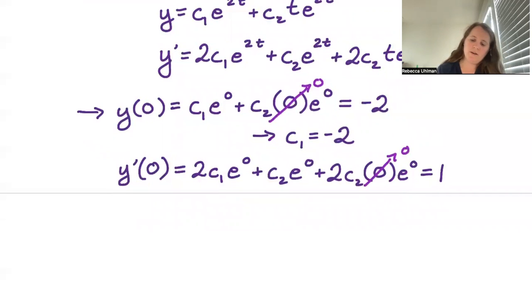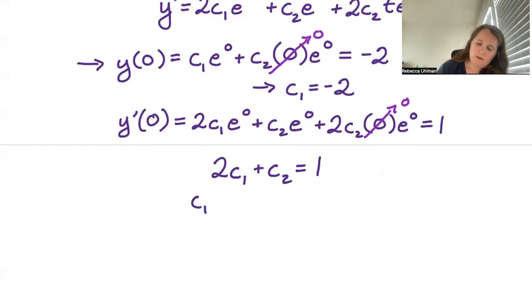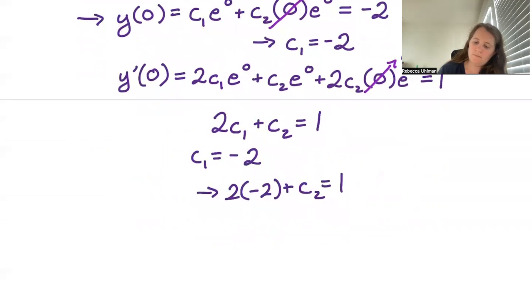We know c1, so we can plug it in. I'm going to simplify first, though. So we have 2 times c1 plus c2 is equal to 1. c1 is -2, and so we're looking at 2 times -2 plus c2 equals 1. That winds up giving us that c2 must be equal to 5.